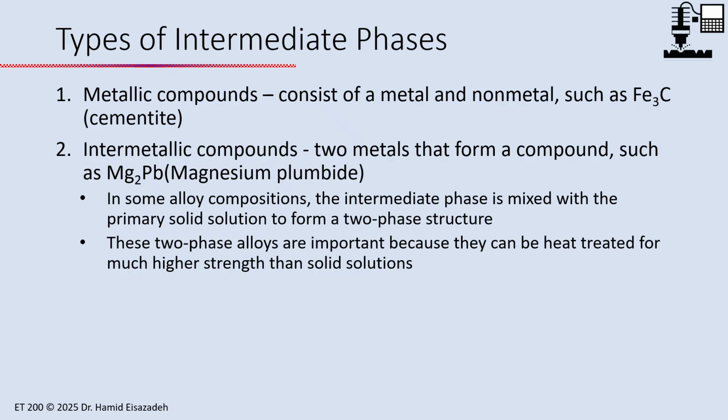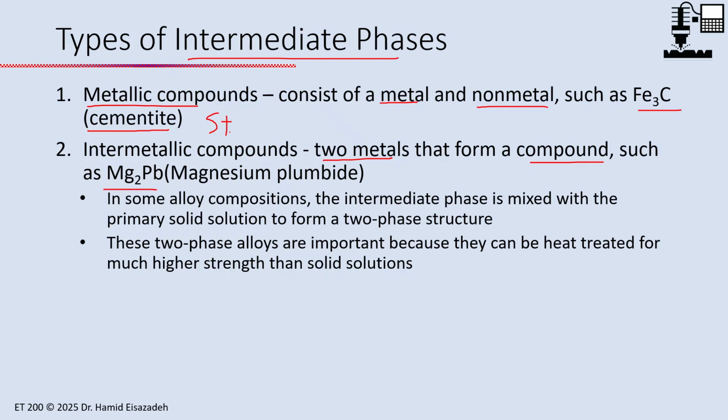We have two types of intermediate phases. One is a metallic compound, where we have one metal and one non-metal, such as Fe3C, cementite, which is a common compound in carbon steel. And then we have the intermetallic compound, where we have two metals that form a new compound, and the properties are unique compared to the two pure metals.